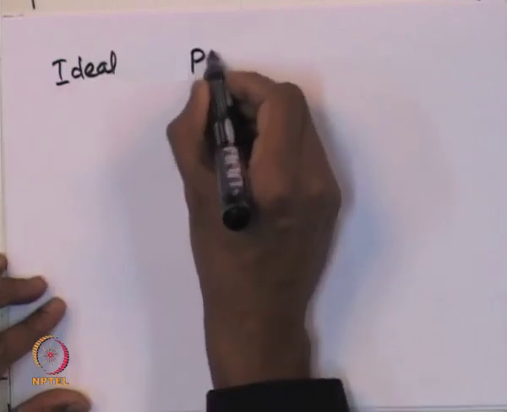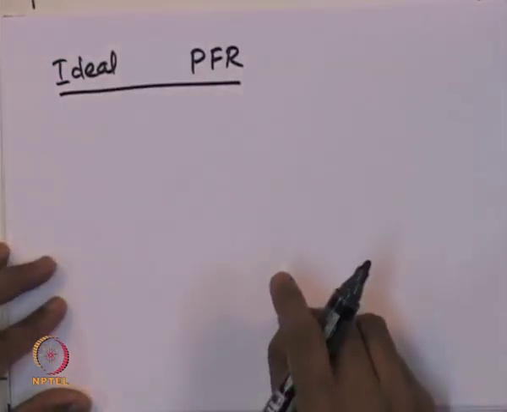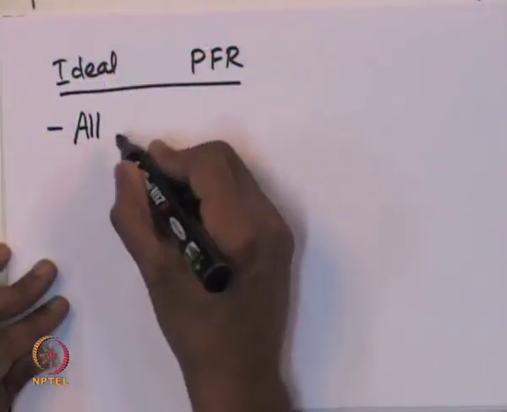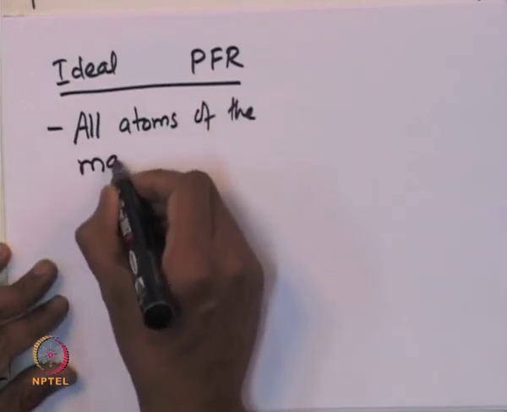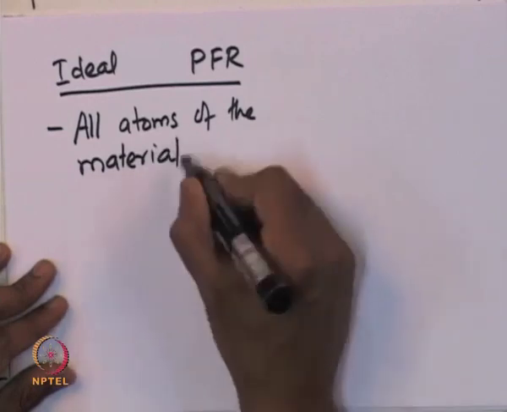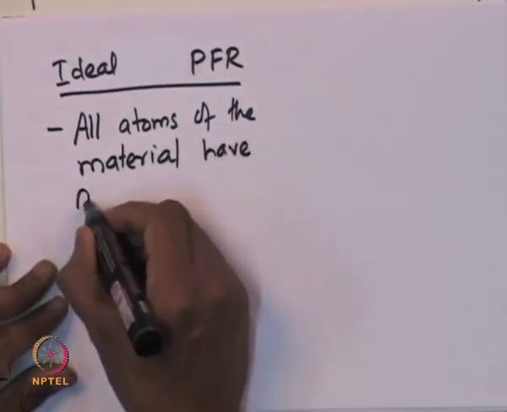So, now we said that the plug flow reactor is an ideal reactor. So, why is it an ideal reactor? Let us look at the ideal plug flow reactor. A plug flow reactor can be an ideal reactor under certain situations. So, what are the properties of an ideal plug flow reactor? In an ideal plug flow reactor, all atoms of the material have the same residence time.